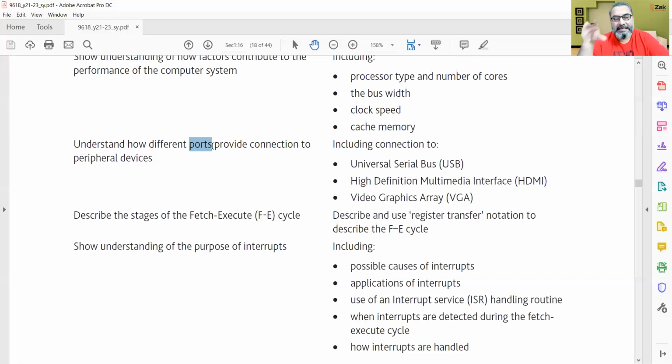All the devices inside the system, like the hard disk, are connected using a port as well over the motherboard. So everything which is not part of the processor is connected to the processor using a port.